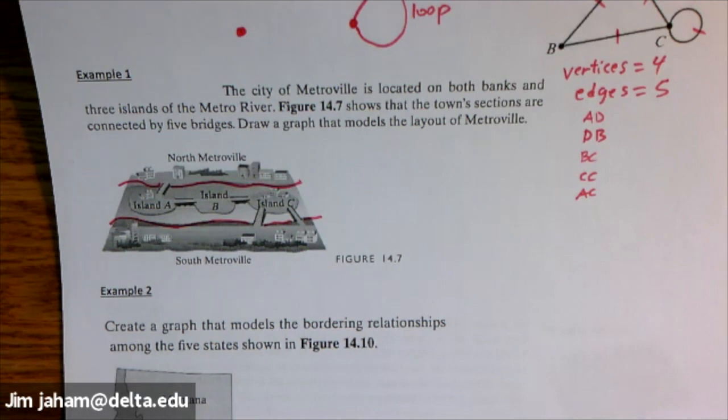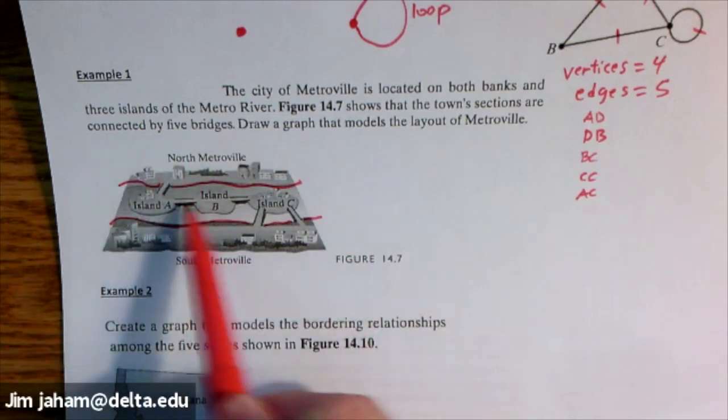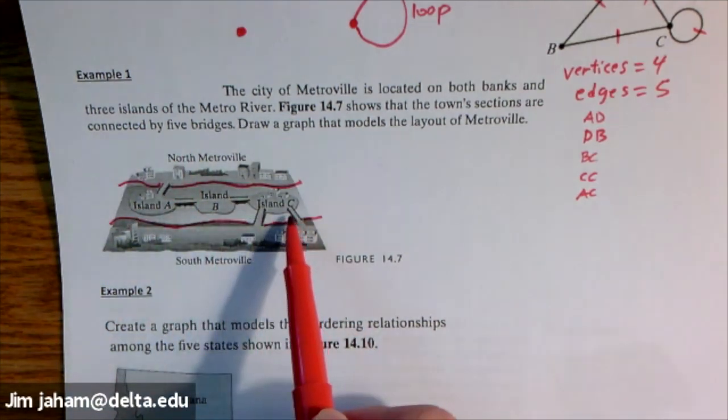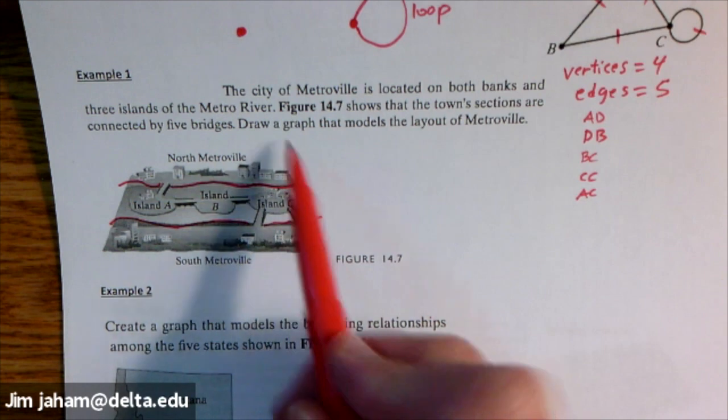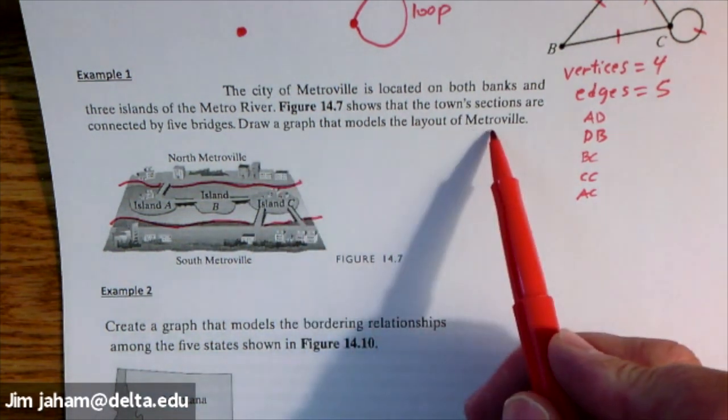So we have 5 bridges, 1, 2, 3, 4, 5. And it says to draw a graph that models the layout of Metroville.